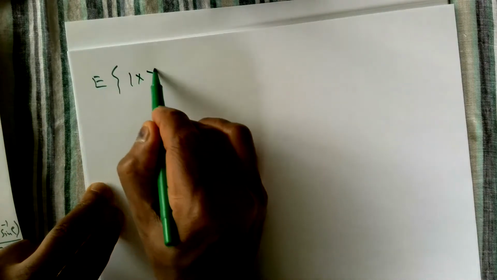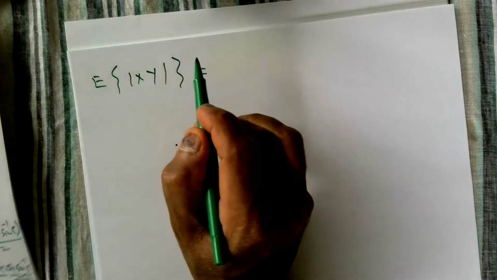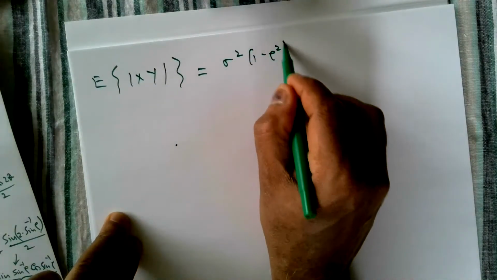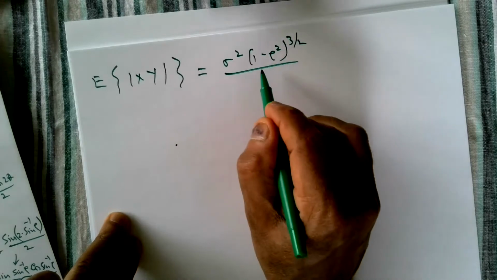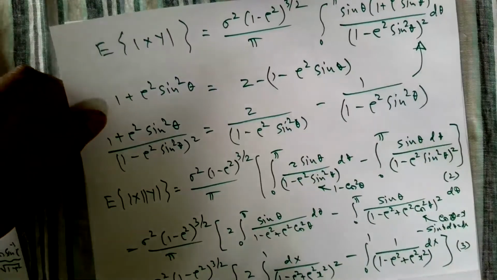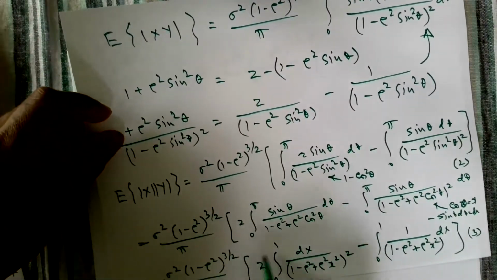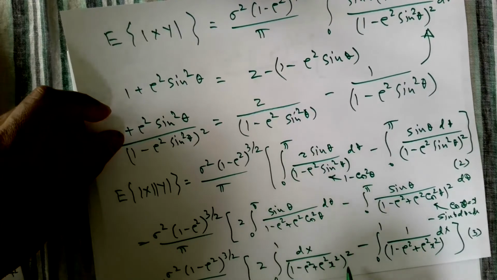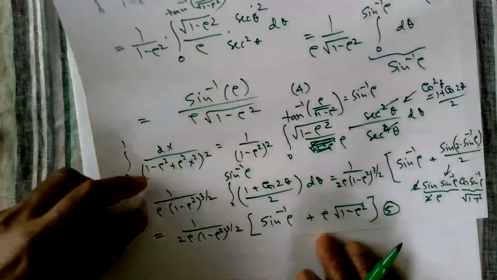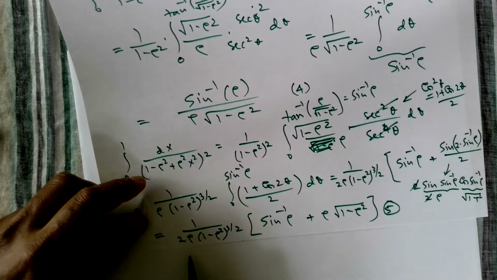So you get expected value of xy is sigma squared 1 minus rho squared to the power 3 by 2 over pi. So notice that this is the expression 3. I'm going to substitute for this term. I'm going to take this result and multiply by 2. This is number 5. So I'm going to multiply that by 2.